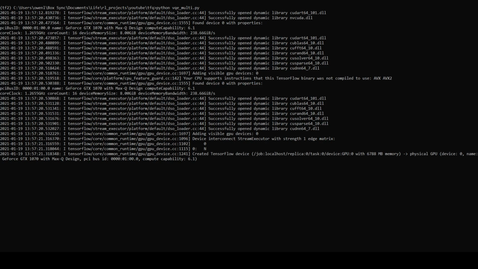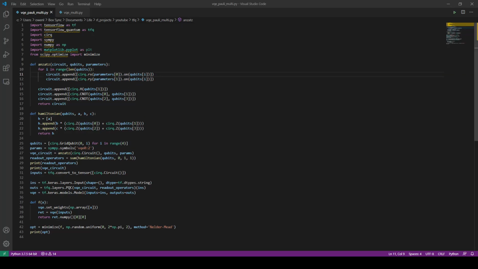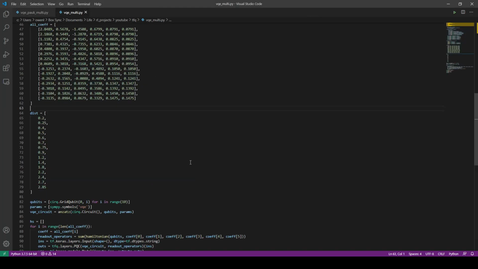And so that's pretty much it in terms of the VQE two-part series, I guess. And so you can see the entire paper to replicate.